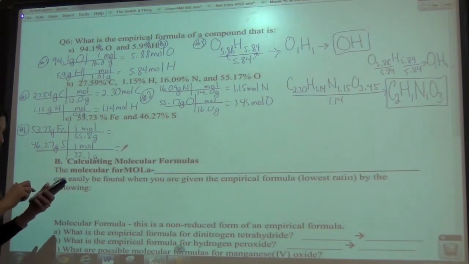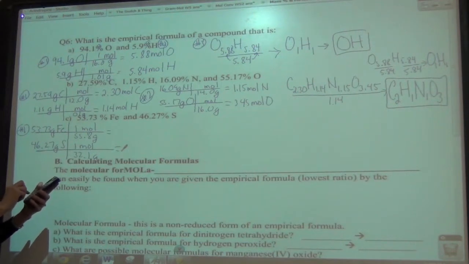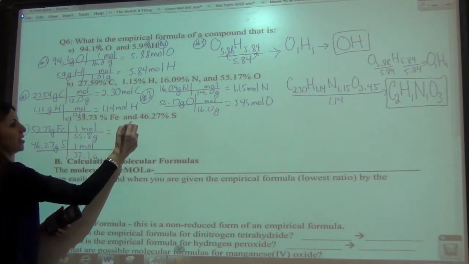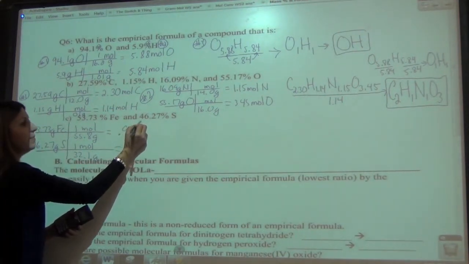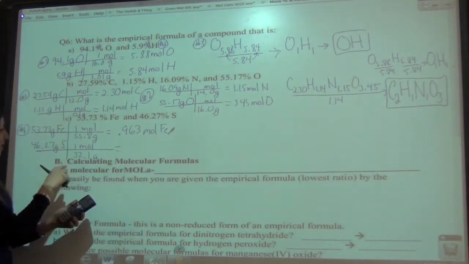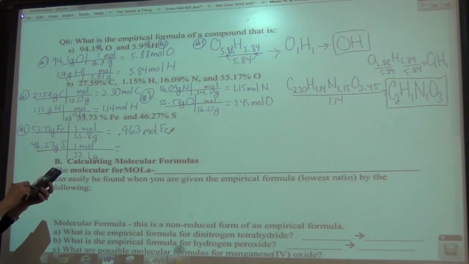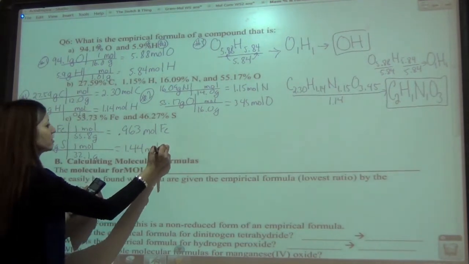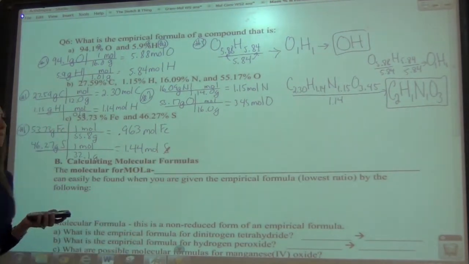So I've got 53.73 divided by 55.8, and that gives me 0.9629, so what would that be? 0.963? Good, moles of my Fe. Then I've got 46.27 divided by 32.1, and that gives me 1.44 moles of S.